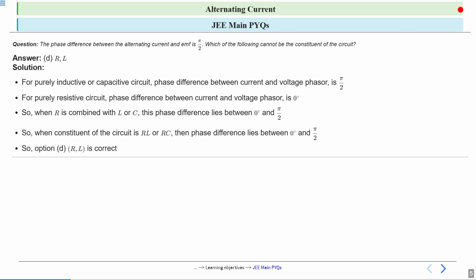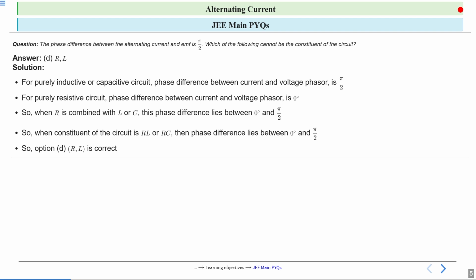Okay, and why is option LC not correct? The first option was the LC circuit, because for both inductor and capacitor, if they are connected in series, the voltage phasors due to both capacitor and inductor have pi by 2 phase difference with the current, and they are exactly opposite to each other.